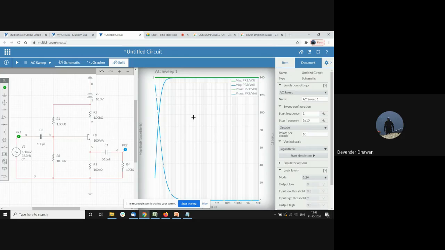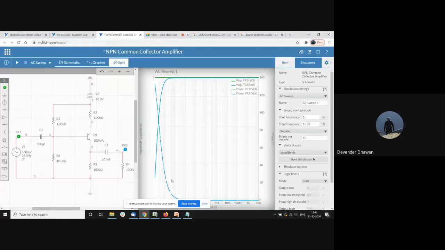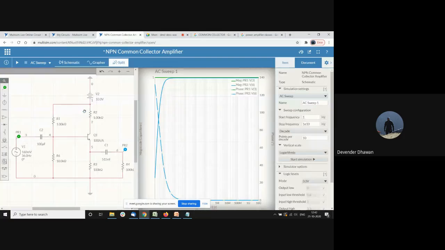So this we can save, NPN common collector amplifier. I will save this in my circuits so that later on we can try to change the values and get the proper output.